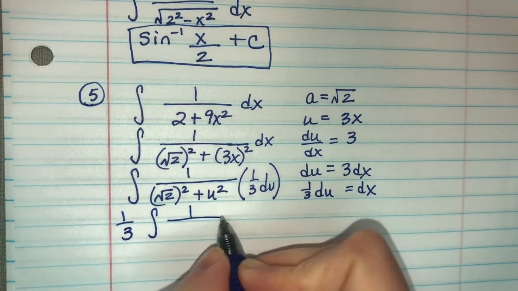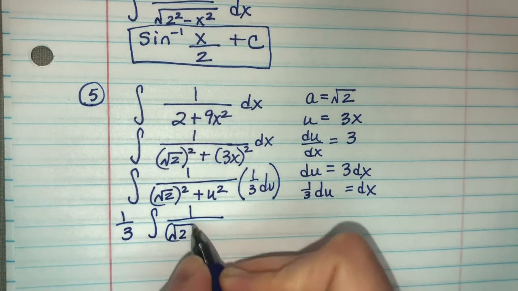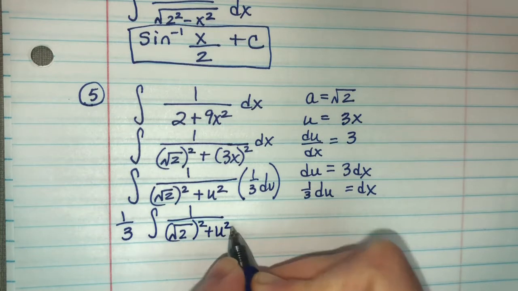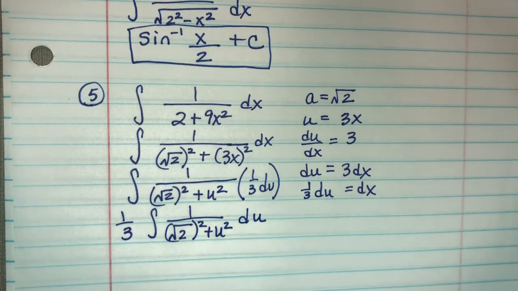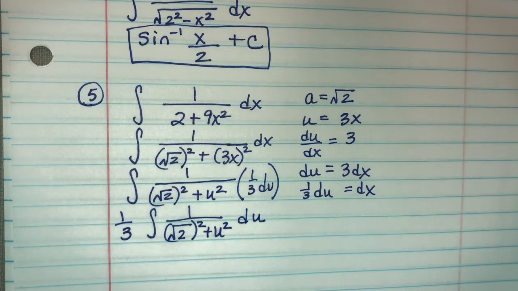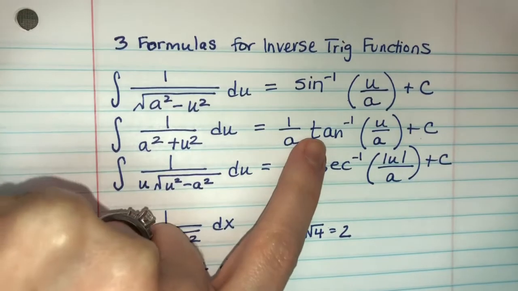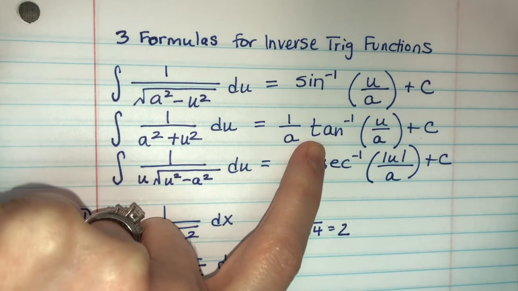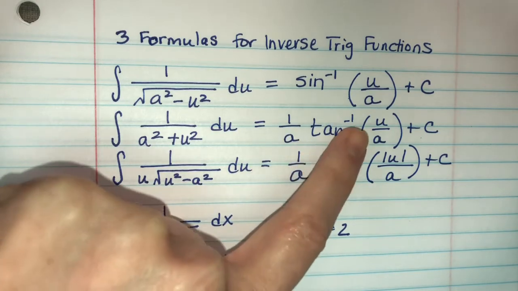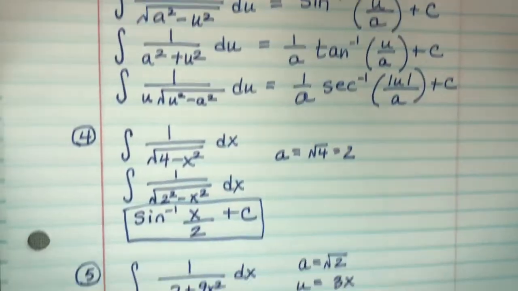So now this really just looks like the new formula that I introduced you to today. So we will use this inverse tangent rule, 1 over a times the inverse tangent of u over a plus c.